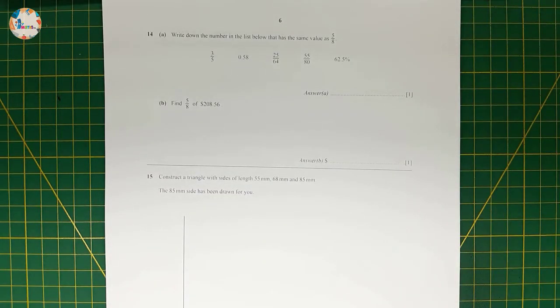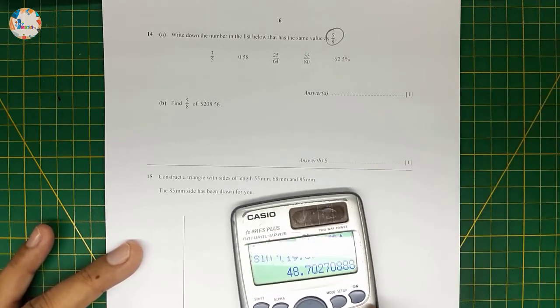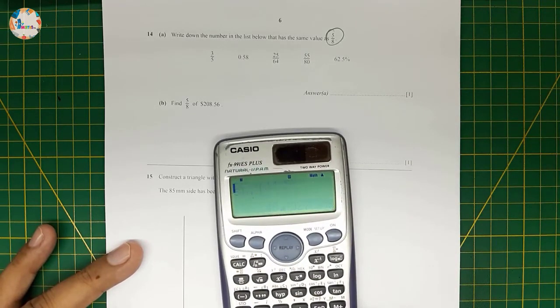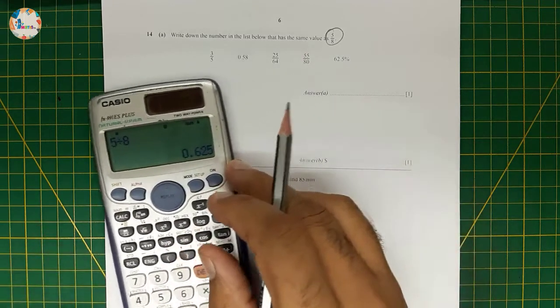Now question number 14. Write down the number in the list below that has the same value as 5 over 8. So 5 divided by 8 will be 0.625.